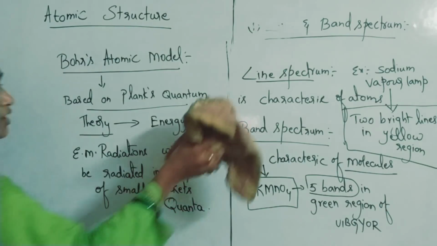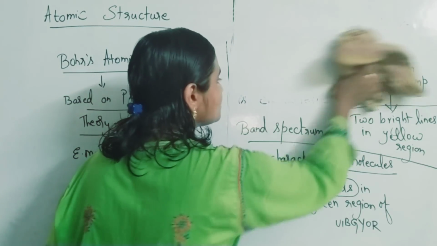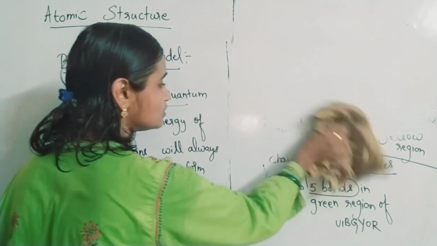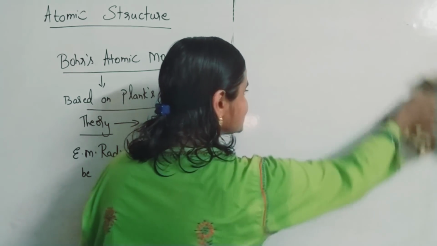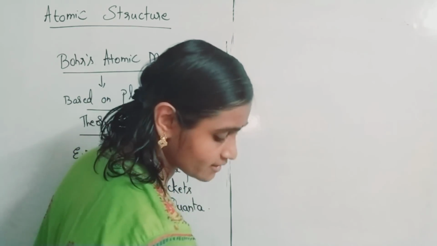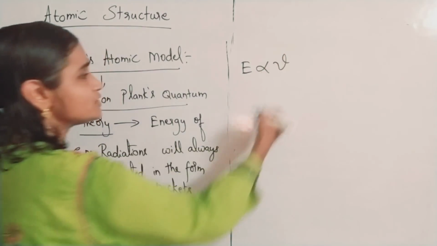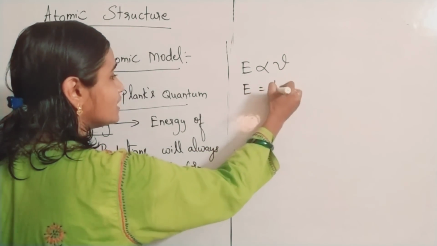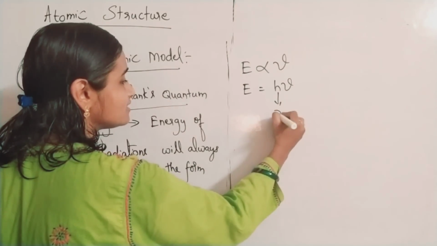Mathematically, how are we going to represent Max Planck's equation? E is equal to h nu. I already told you this before also. E is equal to h nu is Max Planck's quantum theory. The energy of electromagnetic radiations is directly proportional to frequency. E is equal to h into nu, where h is called Planck's constant.